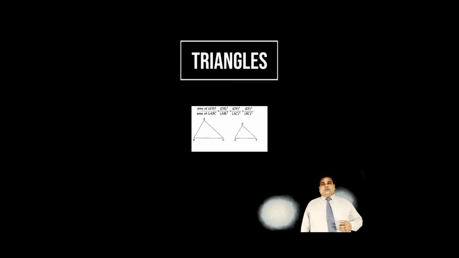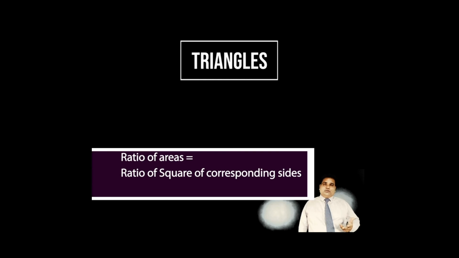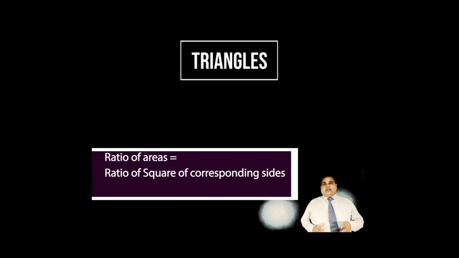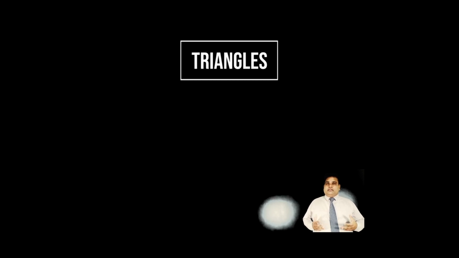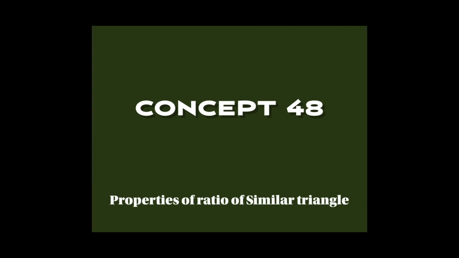So the area of triangle DEF to the area of triangle ABC will always equal DE square divided by AB square, or DF square divided by AC square, or EF square divided by BC square. So the ratio of areas will always equal the ratio of squares of corresponding sides if the triangles are similar.